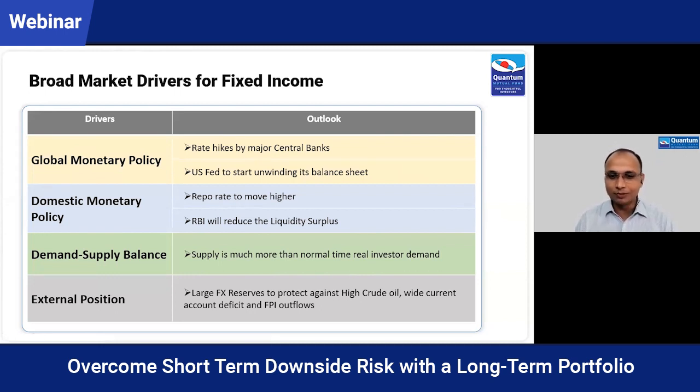Now understand that your demand can't increase at that pace. You have doubled the supply of bonds, or your borrowing, but demand is limited. So the last 2 years, RBI was a big buyer in the market. They consumed more than 2 lakh crores, and in 2020, even more than 3 lakh crores of the supply.